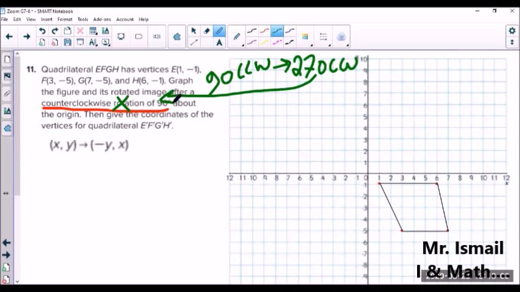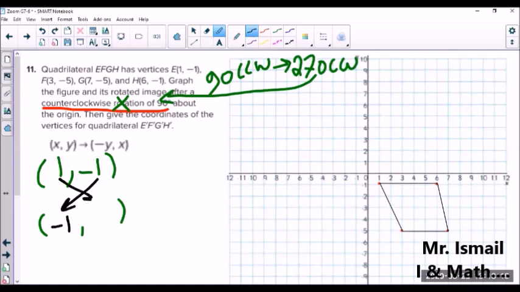And let's start with E. (1, -1). I will switch the positions. This will be here, -1, and this will be here. And I will multiply y by -1. So minus with minus gives plus 1.